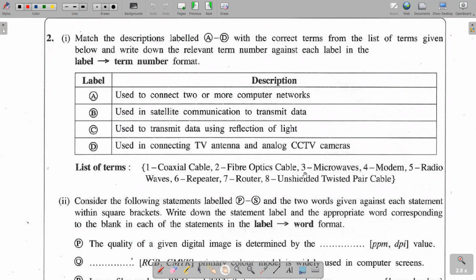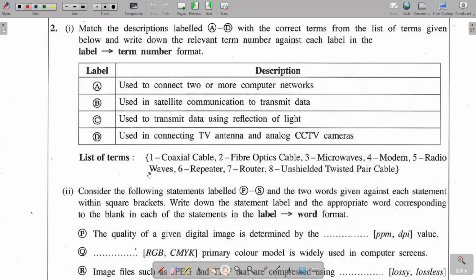So, label A says used to connect 2 or more computer networks. Label A can be associated with the router. Router is the one which can connect 2 or more networks. So, do they have router? Yes, they have router, so you can say it's 7. Then B, used in satellite communication to transmit data.